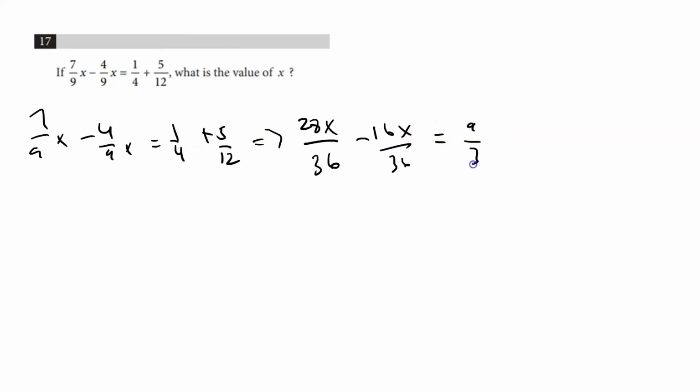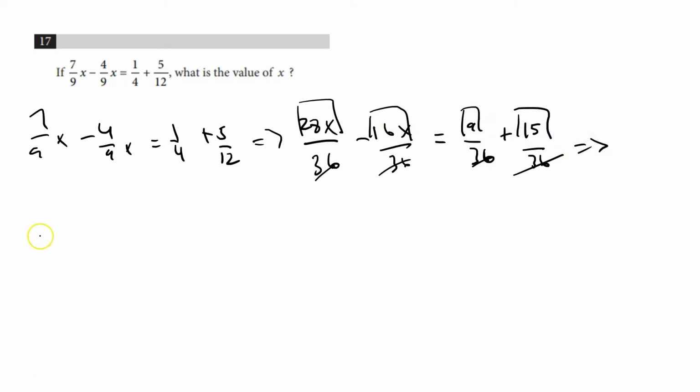So 9 over 36 plus, and then 12 times 3 is 36, so we multiply this by 3. So 15 over 36. But note that if we have these common denominators, we don't even need to consider the denominators. We can just cross them all out and just consider all of these numerators.